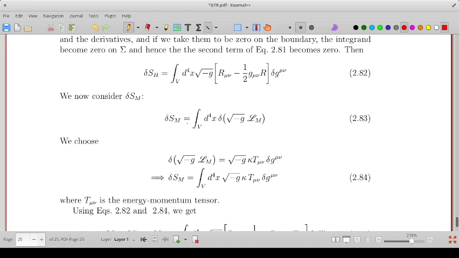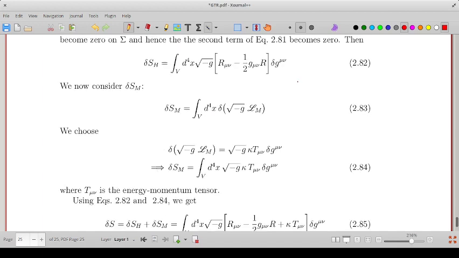So the variation will be given by, since S_m is given by integral over V d4x square root of minus g L_m, its variation is given by, again, integral over V of d4x, then the variation of this object.